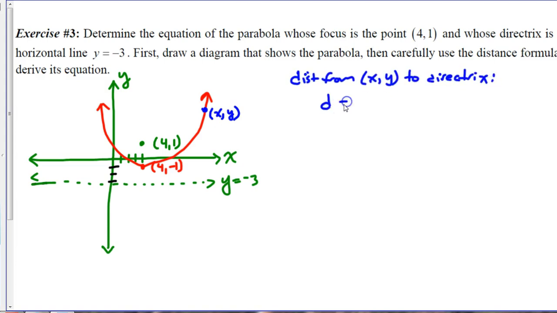So that's going to be d equals, well, whatever this y value is, you're going to add on 3, because there's another 3 past the x-axis. So it's going to be y plus 3. Call that d1. And there's d2.